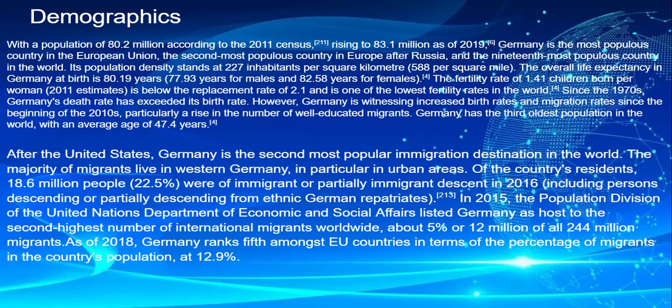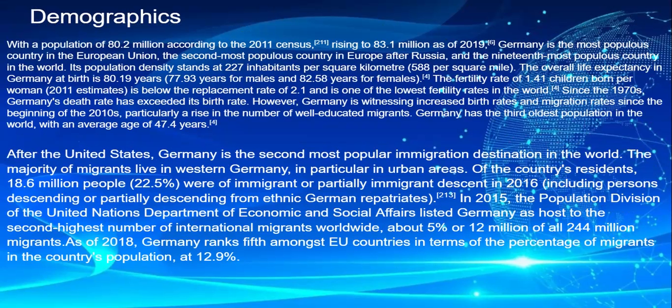Demographics: with a population of 60.2 million according to the 2011 census, rising to 83.1 million as of 2019, Germany is the most populous country in the European Union and the second most populous country in Europe after Russia, and the 19th most populous country in the world. Its population density stands at a high 227 inhabitants per square kilometer, 588 per square mile.